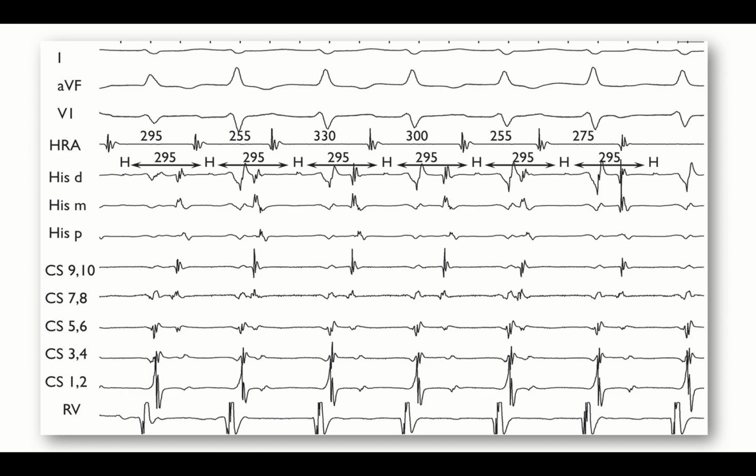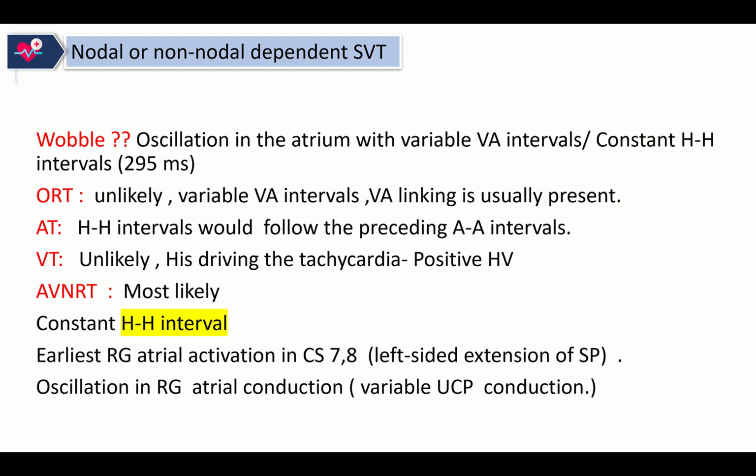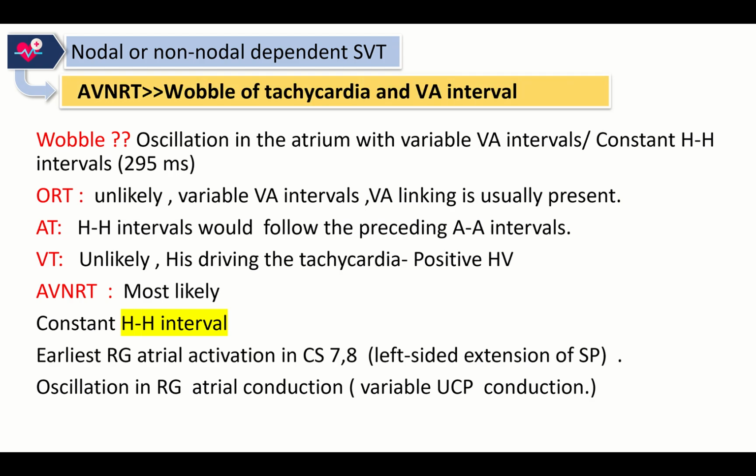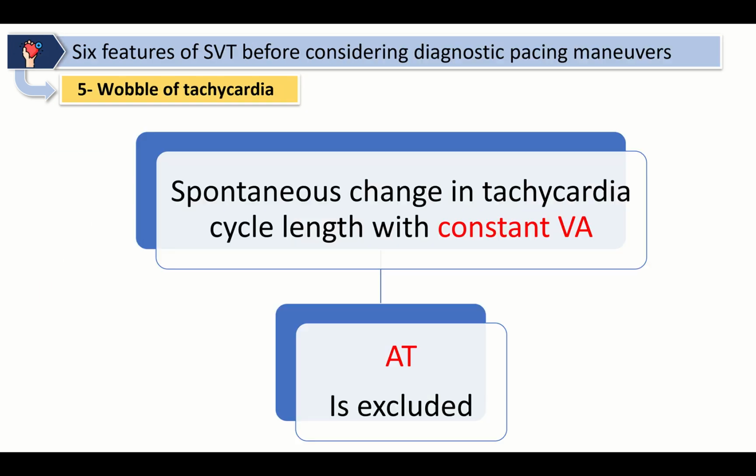So it may be junctional tachycardia or atypical AVNRT, because in this example it's a long RP tachycardia, and actually this is a case of atypical AVNRT with constant HH interval, and there is oscillation in the atrium-ventricle, variable VA and AV time, but fixed HH interval.